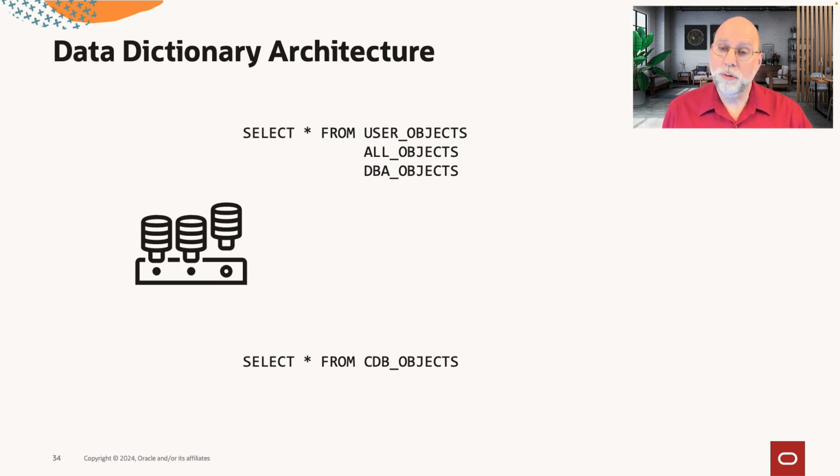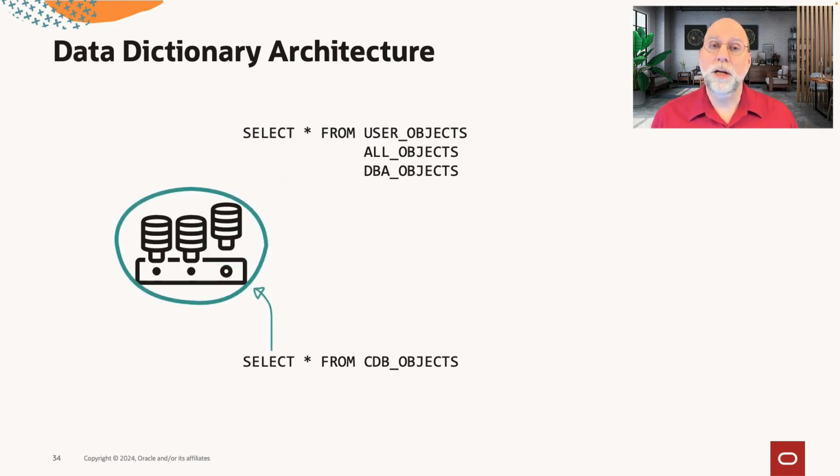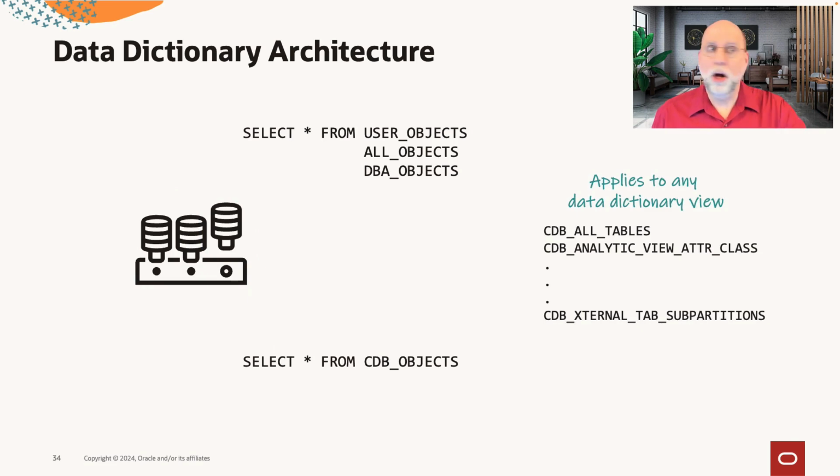But if you do a select from CDB_OBJECTS, then what you're going to see is the list of objects for the entire container. But there's some tricks to this, so we'll get to that. This applies to all your dictionary views, and there are lots of them, hundreds of these dictionary views that now have the CDB version of the DBA views, as it were.